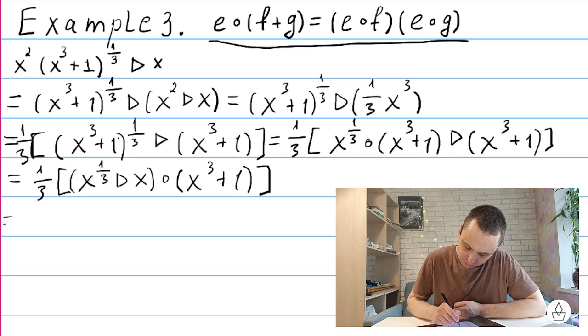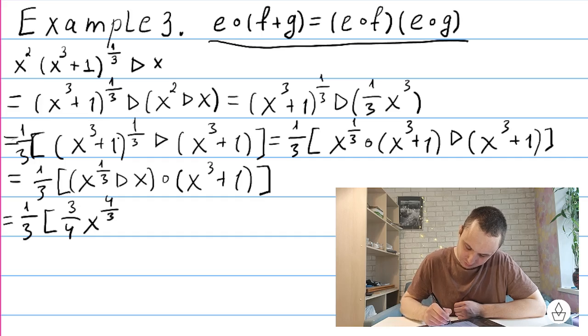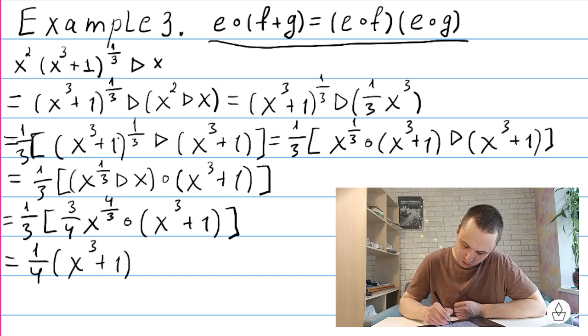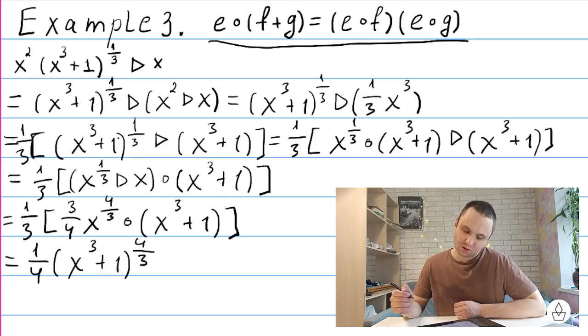And we get 1/3, 3/4, x to the 4/3 composition x cubed plus 1, which is equal to 1/4, x cubed plus 1 to the 4/3. You can check the internet to verify that this is the correct result.